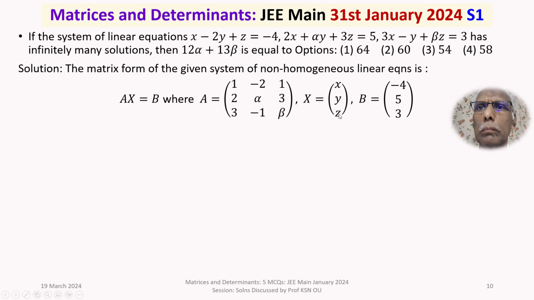Capital X is the column matrix x, y, z involving the unknown variables. B is the column of values: -4, 5, 3.